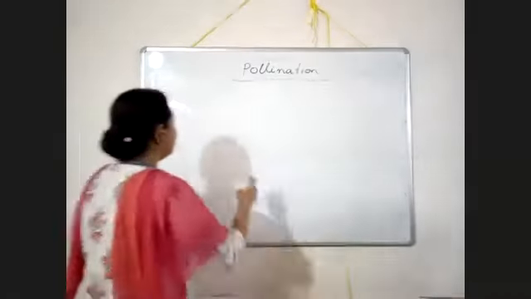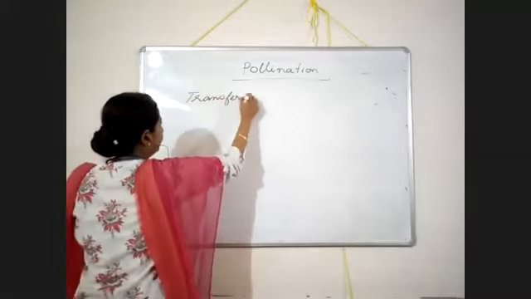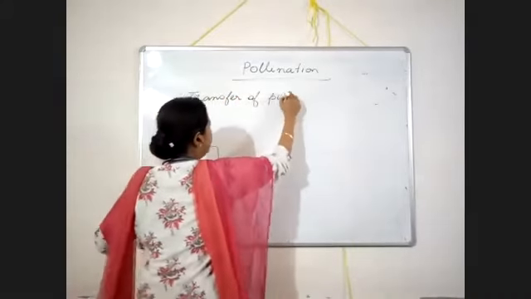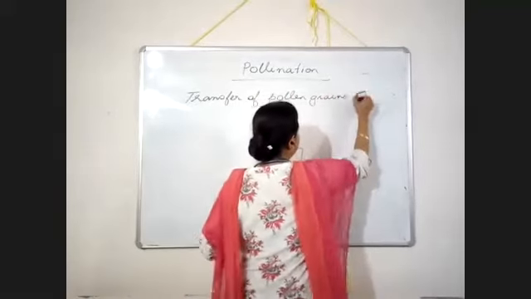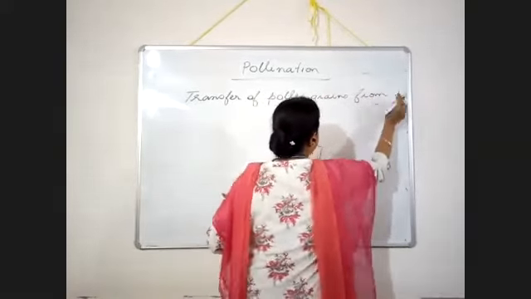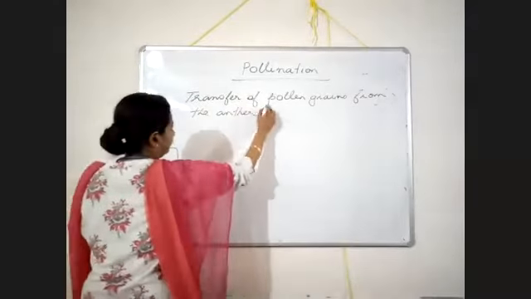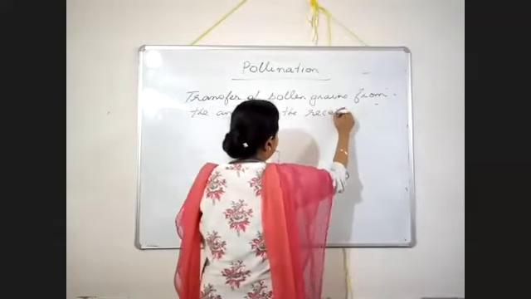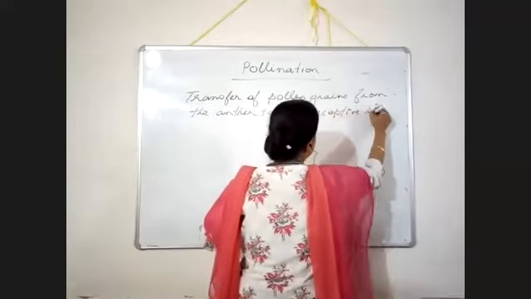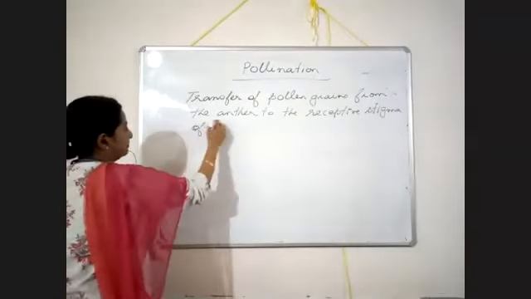So what do we know about pollination? Pollination is the transfer of pollen grain from the anther to the receptive stigma of the carpel.